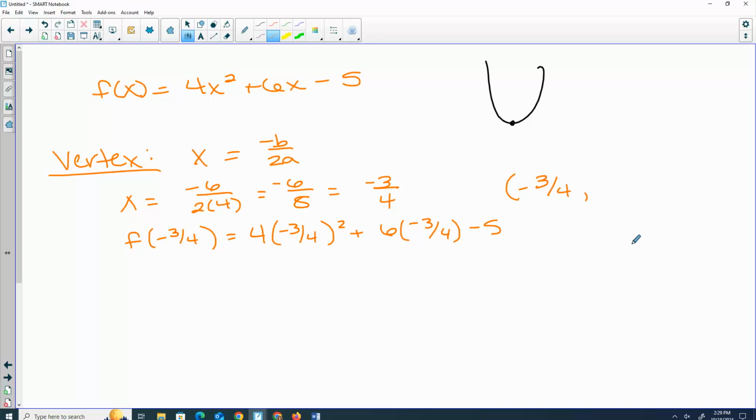See if this one works out as nice as our last problem. And so I get negative 7.25 or negative 29 over 4. Let's get that.